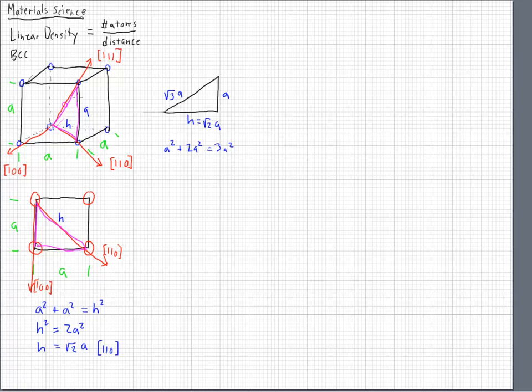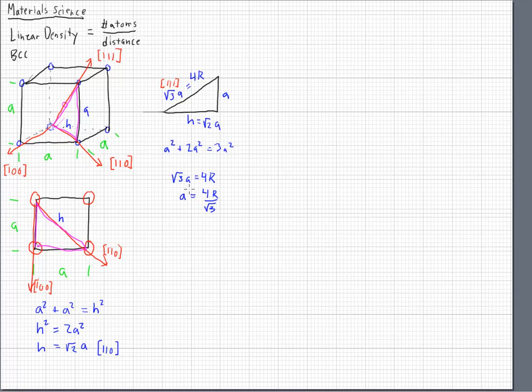So if I mark this right, this is in the 1, 1, 1 direction, and it is equal to 4 atom radii. So if square root of 3 times a equals 4r, then I can put a equal to 4 times r over the square root of 3.